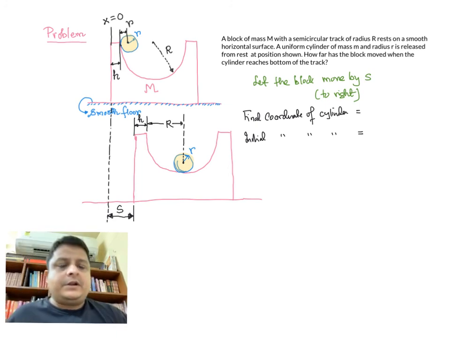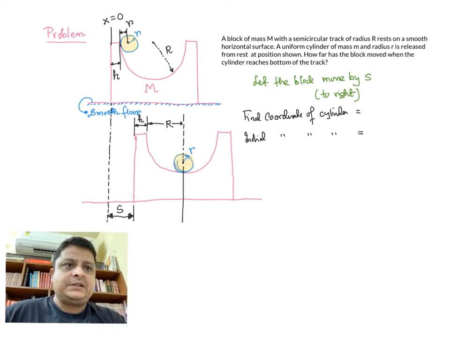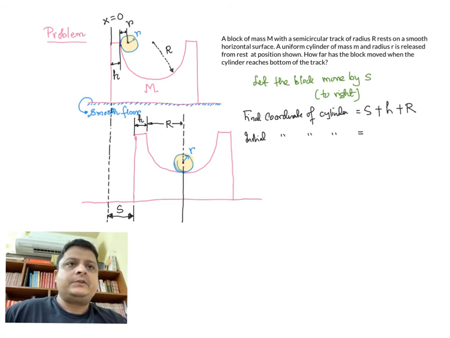The final coordinate of the cylinder is s plus h plus r rather. The initial coordinate of the cylinder is how much? From x equal to 0 till this distance is h plus small r, right?